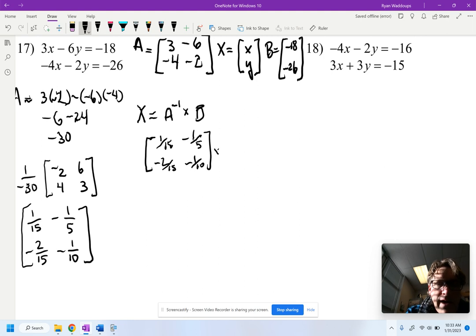And then we're going to multiply that by the B matrix, which is negative 18 and negative 26.